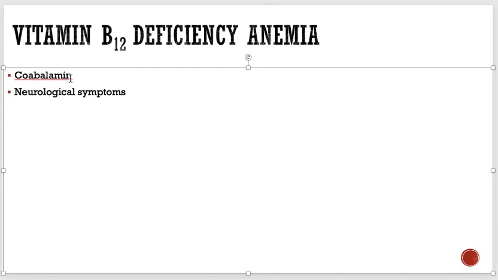So what are the sources of vitamin B12? It is present in eggs, meat, milk, and fish. So simply, there are a lot of things in which this is present. As I told you, it is present in egg, milk, meat, fish.